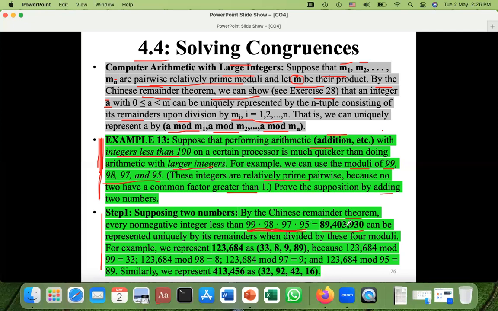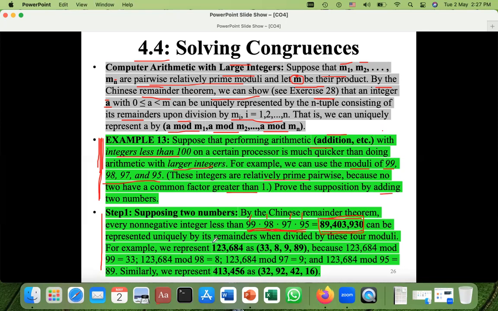Now you can represent this large integer with its remainders after dividing it with the moduli. According to this fact, we can take any integer less than this value.